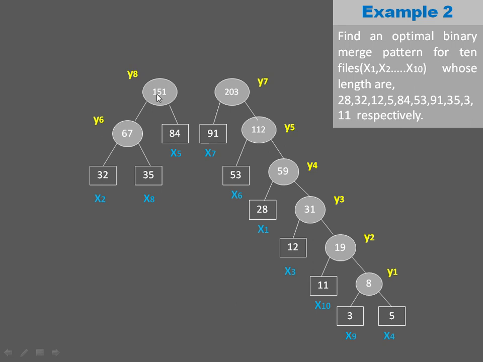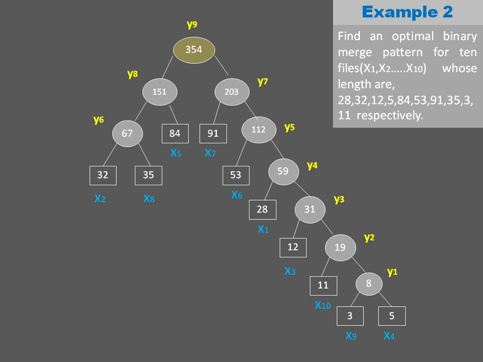Finally, we have to merge this y8 with y7, so we will get a total of 354 records. We merge this into a single sorted file, that is y9. So this y9 will contain 354 records. So this is our optimal binary merge pattern.